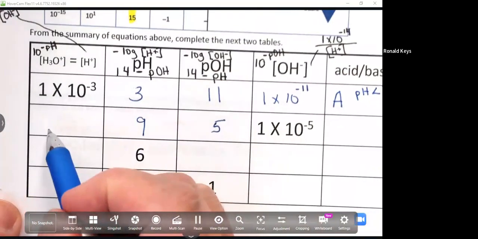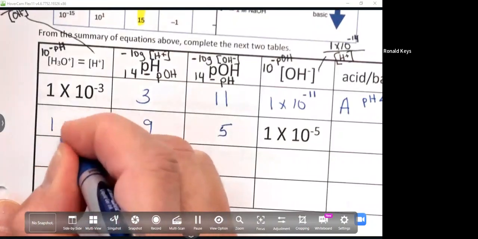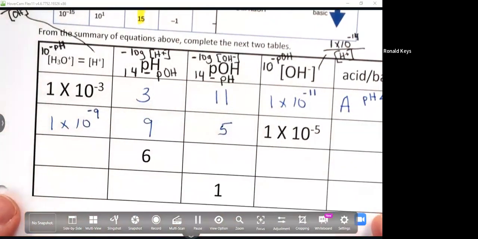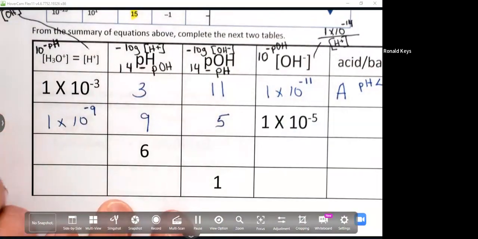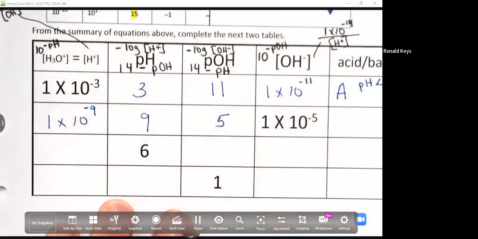What do you think this number is going to be? It should be 1 times 10 to the minus 9.